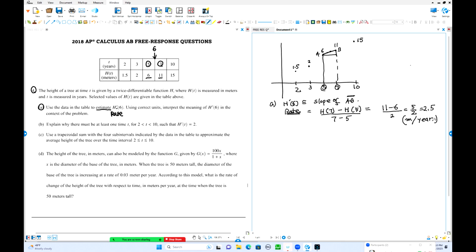H prime of 6. Okay, interpret the meaning of h prime of 6. What is the meaning of this one?